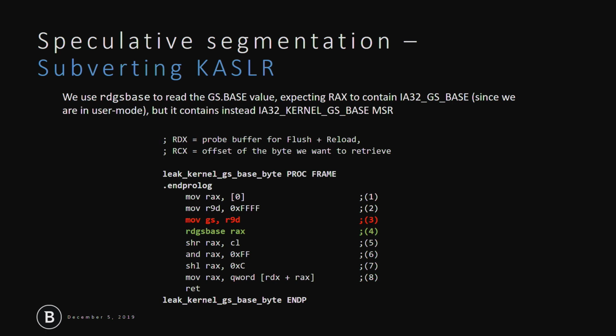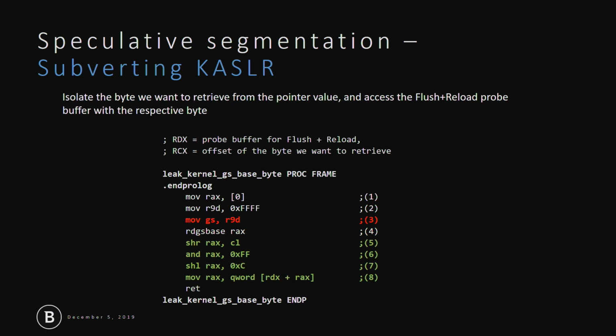Now, normally, we would expect the destination register, RAX, to contain the value of the IA32_GS_BASE MSR, since we are executing in user mode. But it contains instead the value of the IA32_KERNEL_GS_BASE MSR, as a weird side effect of previously loading an invalid segment selector into the GS segment register.